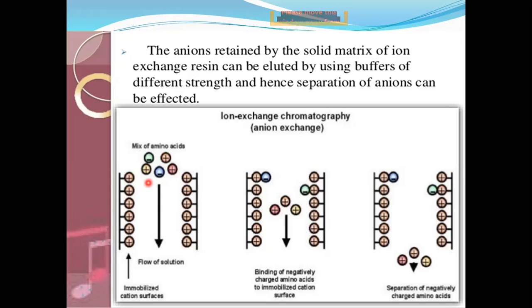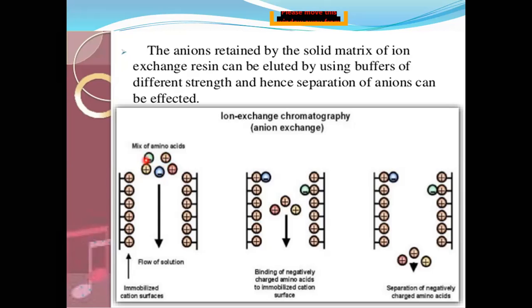Neutral amino acids may have one positive charge and one negative charge, whereas acidic amino acids may have a negative charge and basic amino acids may carry a positive charge. So we can change their ionic states by changing the pH.